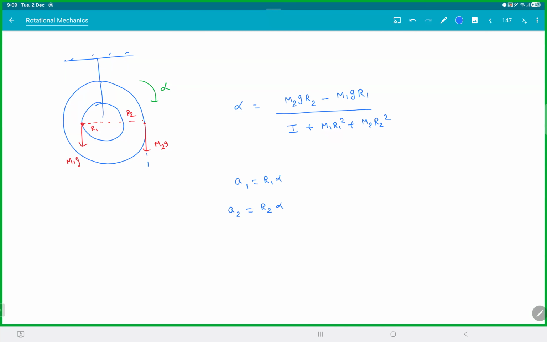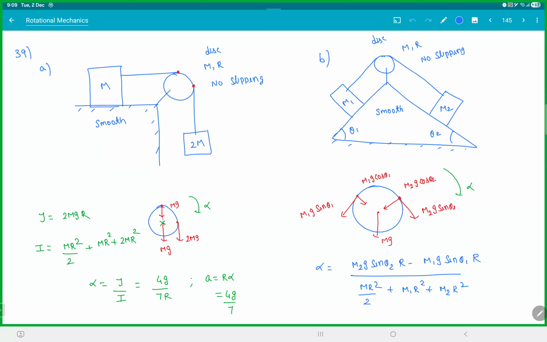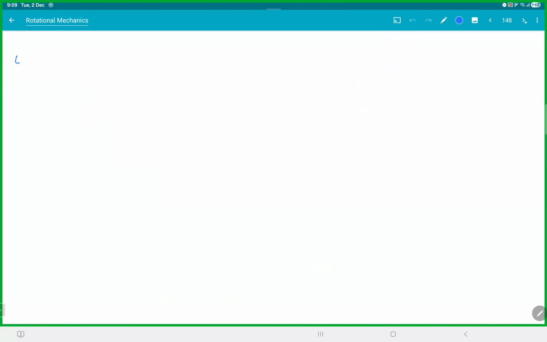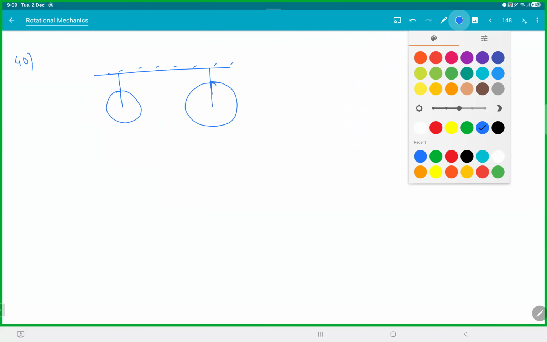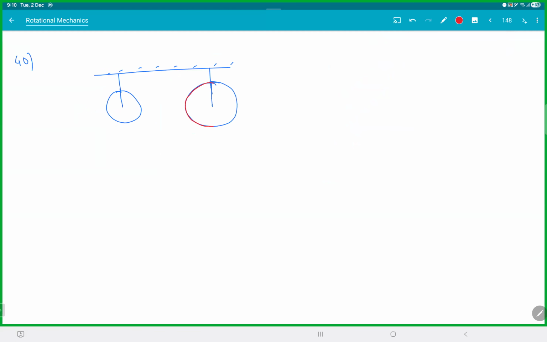So understand, shortcuts are good, but understand when they work and when they don't work. If you blindly use it everywhere, you will be trapped. Let's do this. Let's say we have a pulley here. So we have a string here wrapped around this pulley.